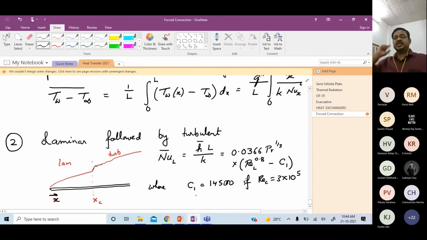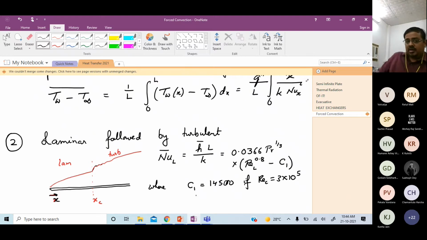However, remember, we said that in the natural course, this is how it will happen. But if you look at the equations, for turbulent flow the Nusselt number dependency is Reynolds to the power 0.8, 4/5, whereas for laminar it's half. So turbulent heat transfer coefficients are definitely higher than laminar. So sometimes we may want higher heat transfer. So what is typically done is we put some kind of a turbulator. We'll put a disturbance to disturb the formation of the boundary layer.